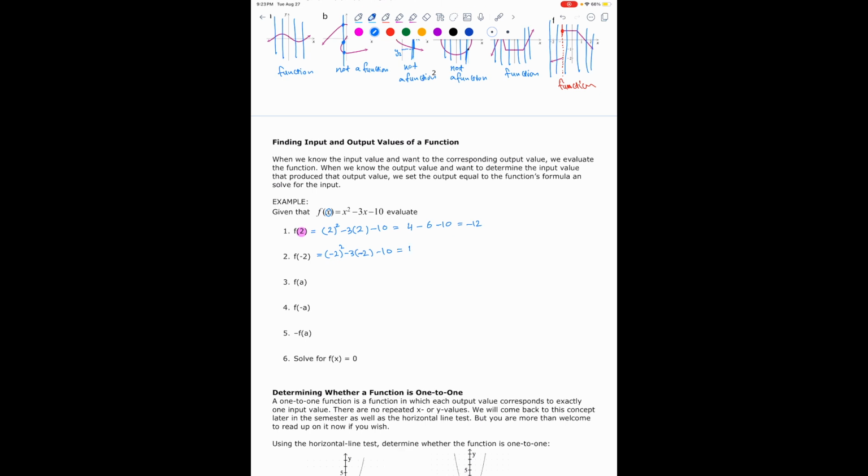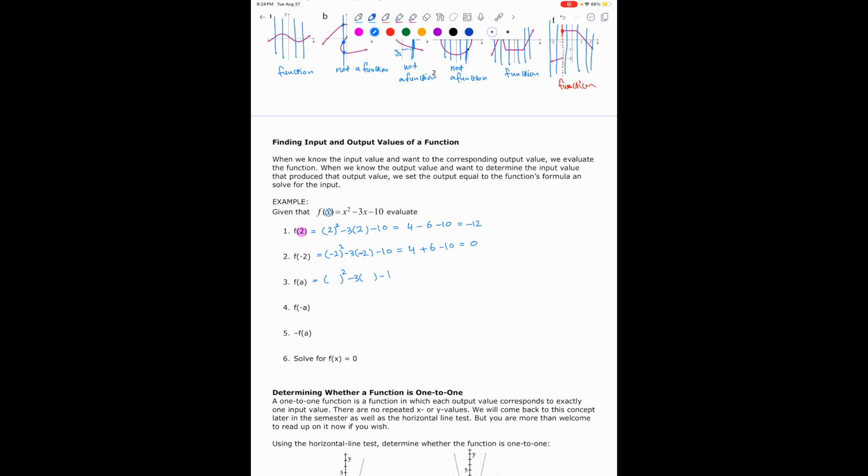Negative 2 squared is positive 4. Negative 3 times negative 2 is positive 6. And then minus 10. Now, 4 plus 6 is 10. Minus 10 is 0.